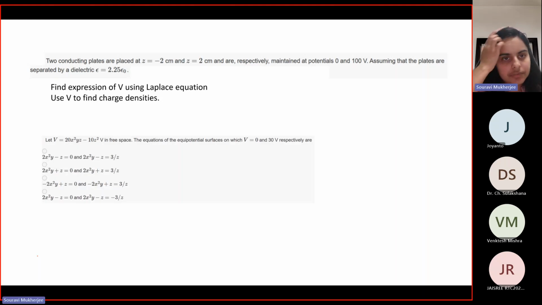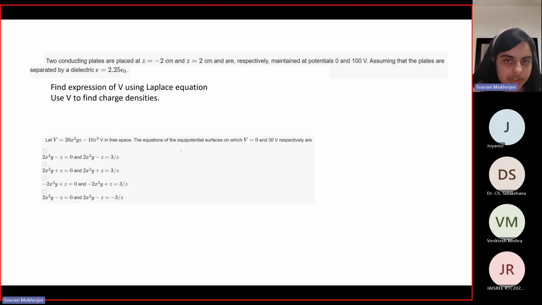Now there can be similar kinds of questions. This was another question from last year, where the general expression of potential is given. It asks for the equations of the equipotential surfaces at V equal to 0 and some other non-zero value. How do you find the equations of equipotential surfaces?